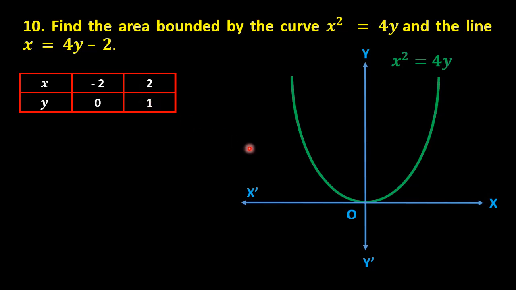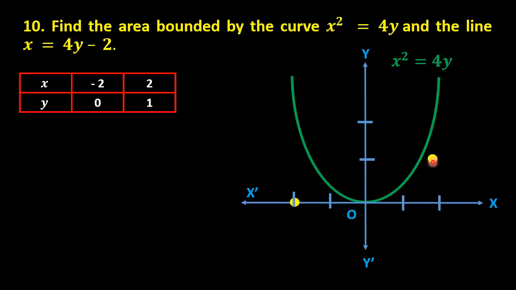So first of all, let me make a division on the x-axis and y-axis. The first point is minus 2 comma 0, so x equals minus 2 is here and y is 0. So this is the first point. And the second point is 2 comma 1, so x equals 2 and y equals 1, somewhere here.